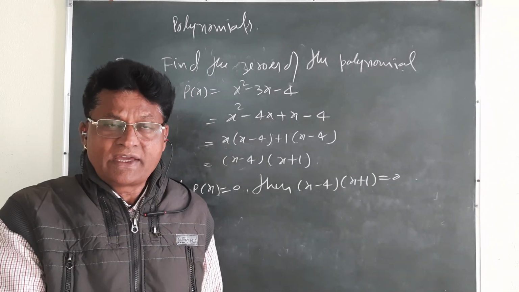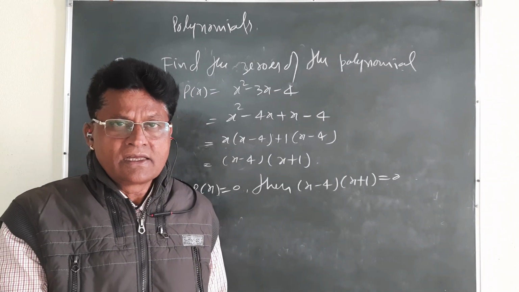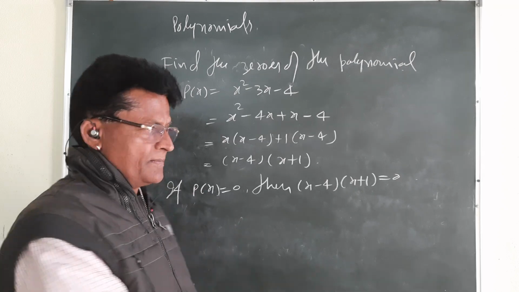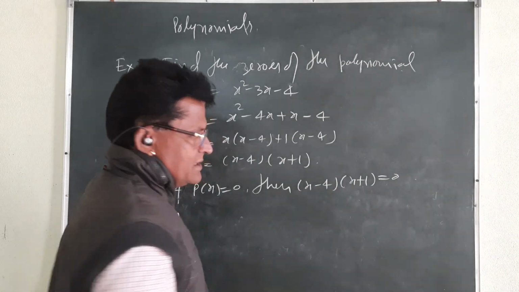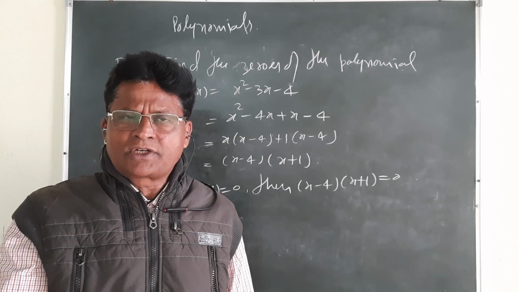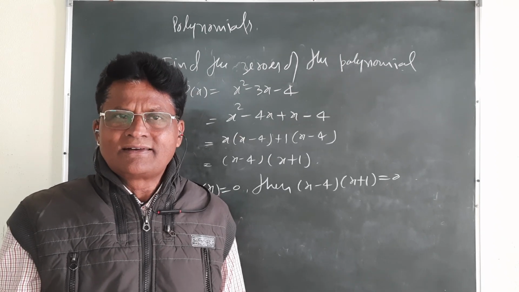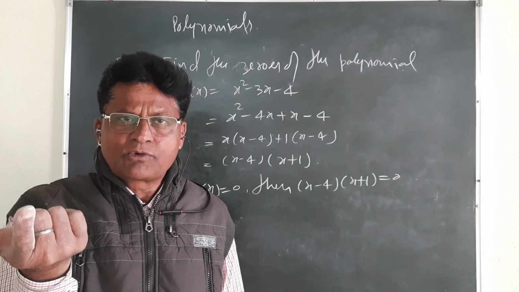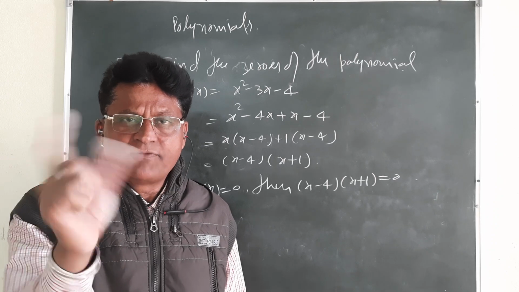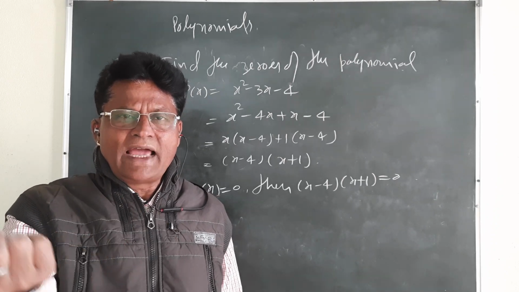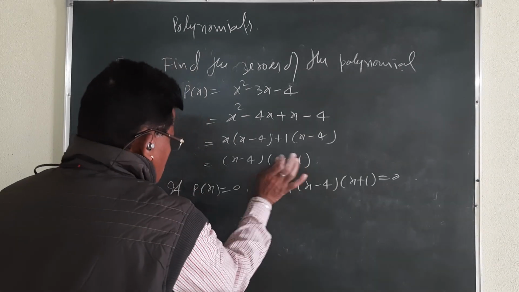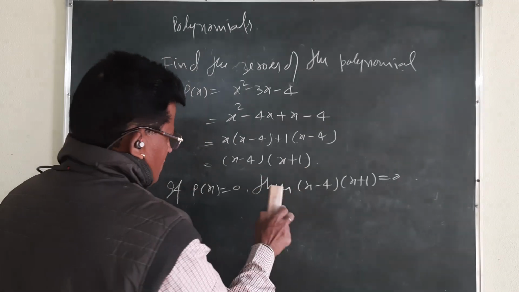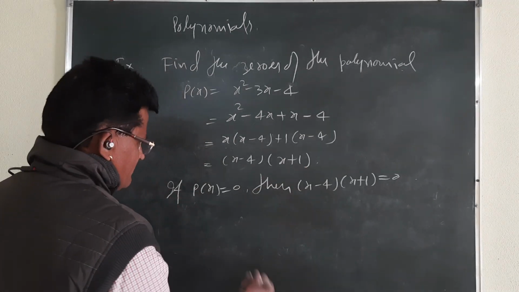See, I am telling you a very important point regarding factorization. To get the value of the zero, there are two brackets. When the product of two numbers is equal to 0, either both of them will be equal to 0 or one of them will be equal to 0, because 0 into any number is equal to 0. That is why you can write either-or.